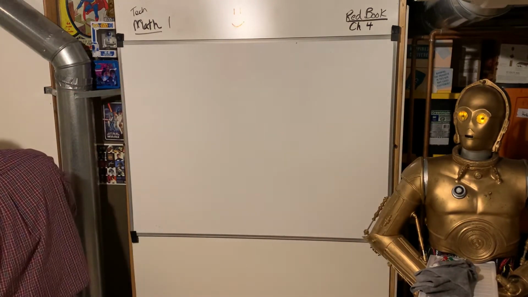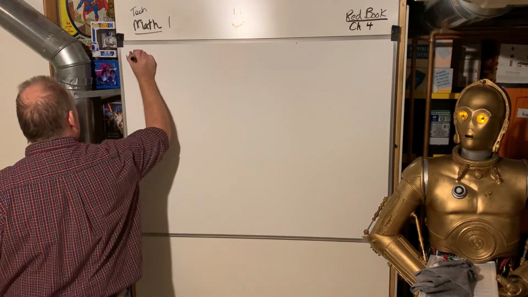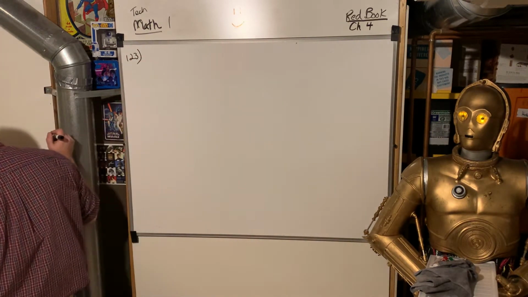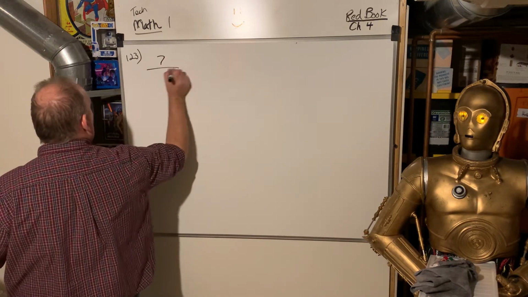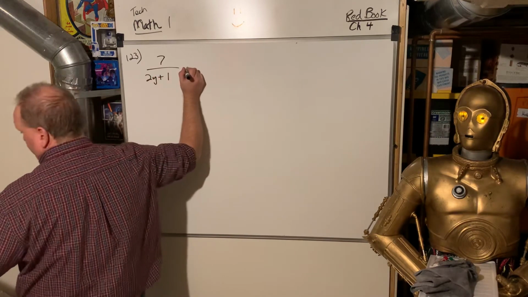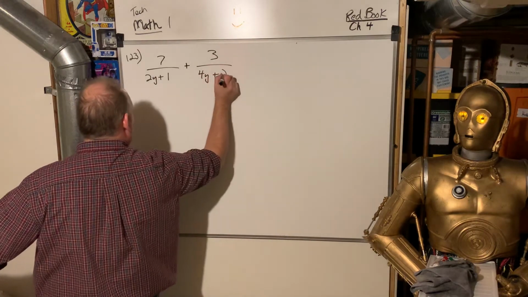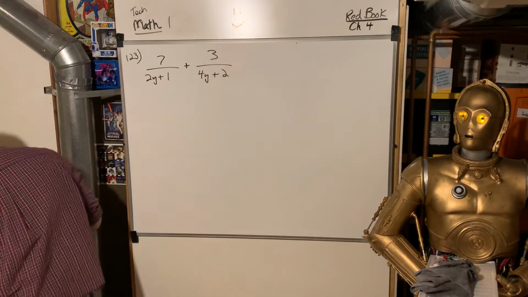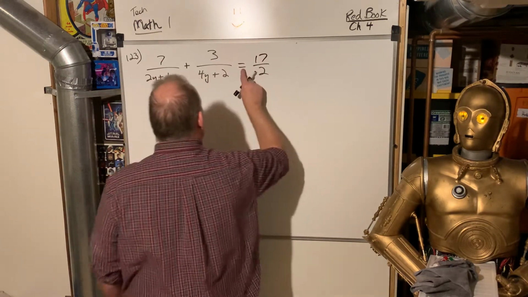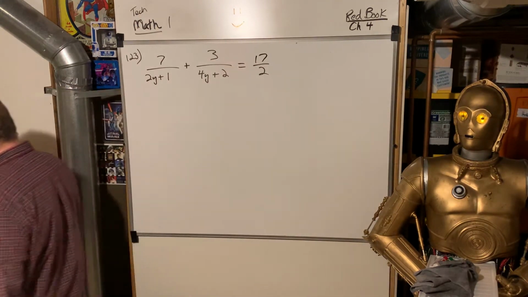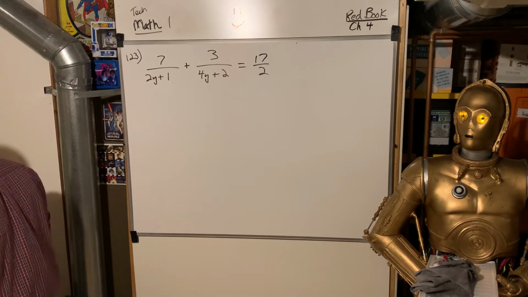So we're going to do 123. Oof. So again, this is not a walk in the park. We got 7 over 2y plus 1 plus 3 over 4y plus 2 equals 17 over 2. So now this is an equation. This isn't like what we were working with before, where it was an expression. This is an actual equation.